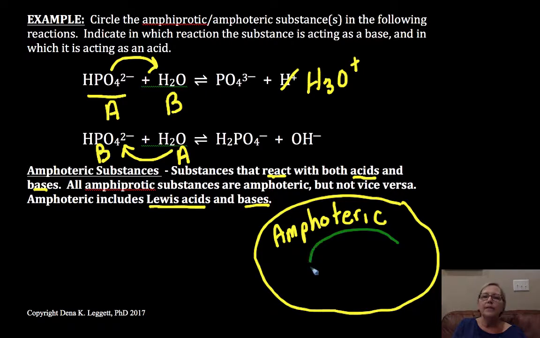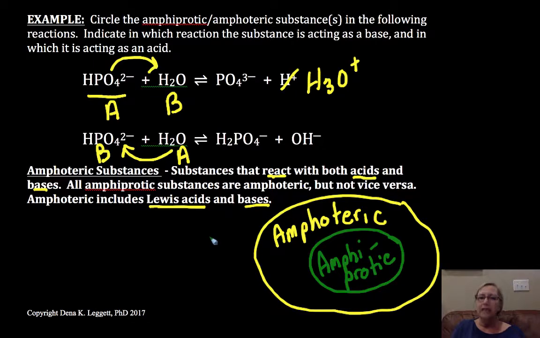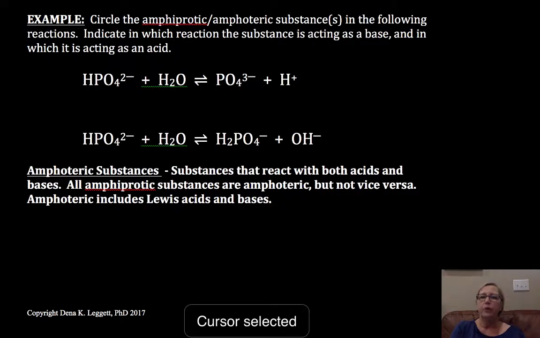A subset of those are amphiprotic. So there is a subtle difference between those terms in Bronsted-Lowry, and that's what I'm focusing on at this point. I'll use those terms a little bit interchangeably, but technically amphoteric is a broader term than is amphiprotic.